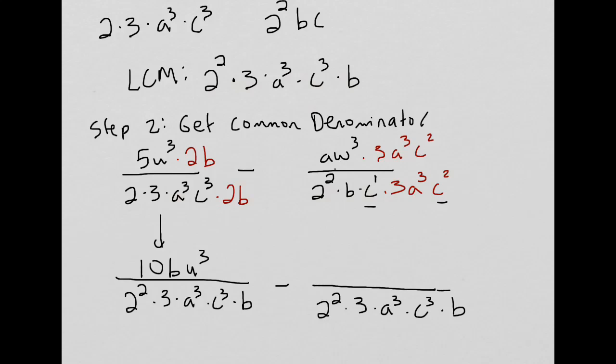On top, if I multiply my terms on top together, I've got 3, and now I've got a to the first times a to the third. Again, I'm going to add those exponents. That becomes a to the fourth. And then I've got c squared and then w to the third.